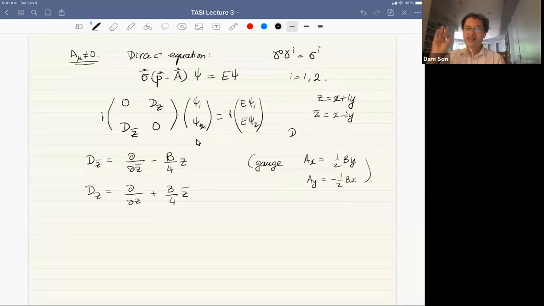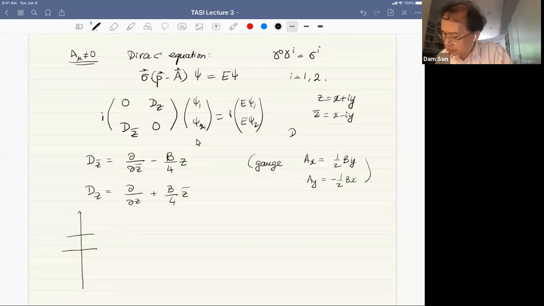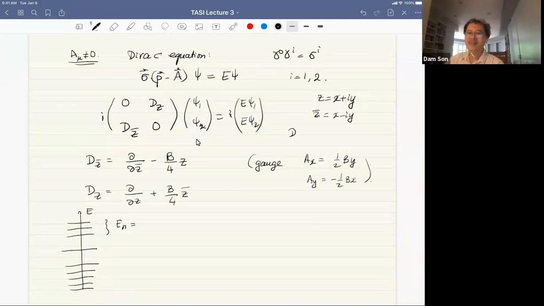Okay, so here one can reduce this to second order. It's a system of two coupled differential equations which can be solved, and we can find the spectrum of the Dirac operator. So here is the result. Yes, this spectrum. Here I have E, and it becomes discrete.